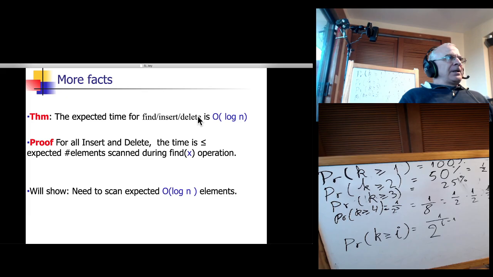Okay, here is another theorem. The expected time for find or insert or delete is order of log n.